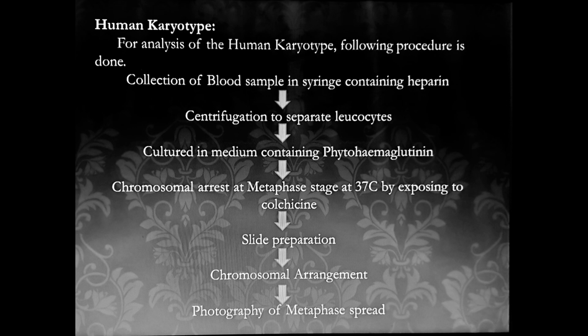After we have arrested chromosomes at metaphase stage, we will prepare slides. During slide preparation we will arrange chromosomes on the basis of their size, from largest to the smallest. This is how karyotyping is done. This was all the detailed procedure of how karyotyping is done. I hope it is clear.